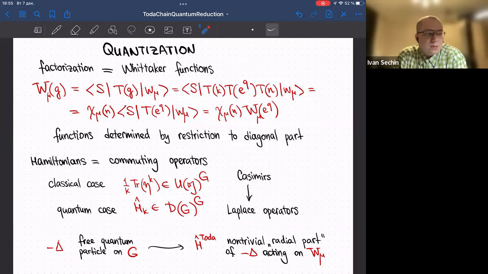The story with Whittaker vectors and Whittaker functions is actually a quantum Hamiltonian reduction for the Toda chain. We used previously just the second Casimir function, but we can use all Casimirs for obtaining commuting differential operators after the reduction. And they will be the higher Toda Hamiltonians.